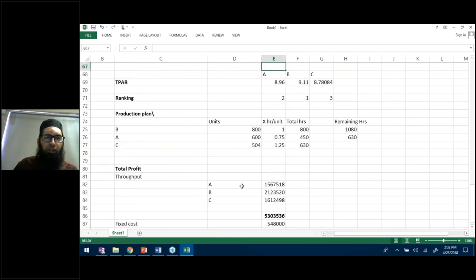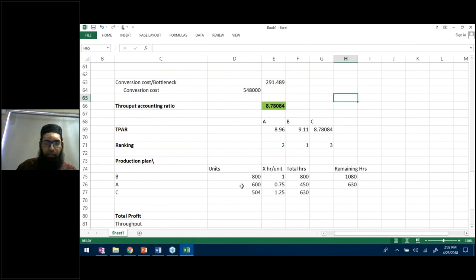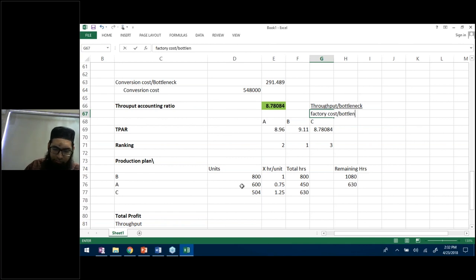Here the throughput accounting ratio is the throughput per unit, and I have to divide the throughput per unit by the factory cost; rather, the formula is throughput per bottleneck divided by the factory cost per bottleneck.